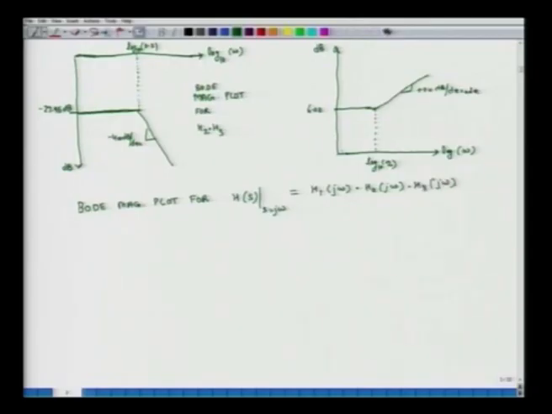The way we are going to do it is we add these plots and we get our final answer. That is how I am going to construct it, and this is how the final plot looks.